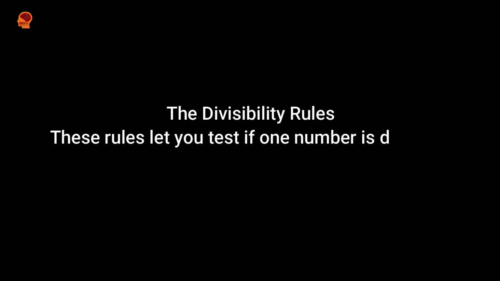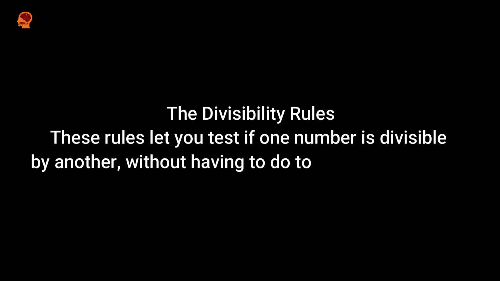Welcome back. The divisibility rules. These rules let you test if one number is divisible by another without having to do too many calculations. Now, I'm going to explain some terminologies, so we need to be on the same page. What do we mean when we say divisible by or divided by?